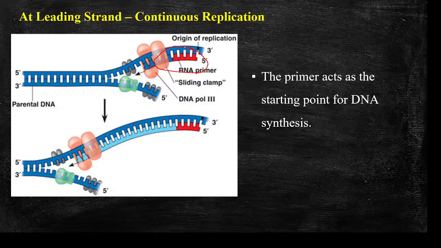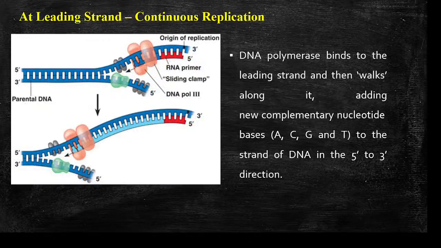In the next step, the DNA polymerase 3 enzyme will bind near the RNA primer and walk along this strand, adding complementary nucleotide bases. If there is thymine, it will add adenine. If there is cytosine, it will add guanine.